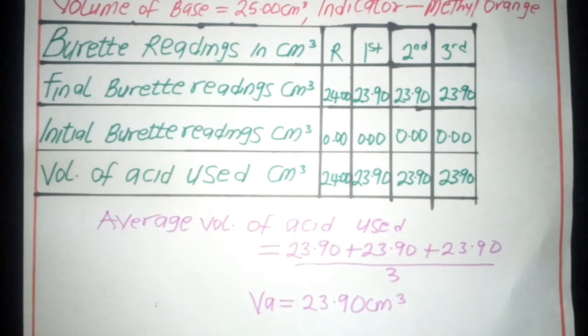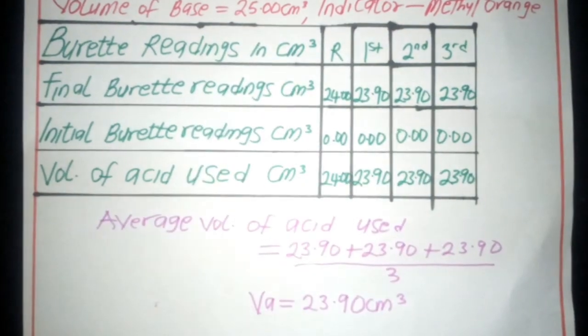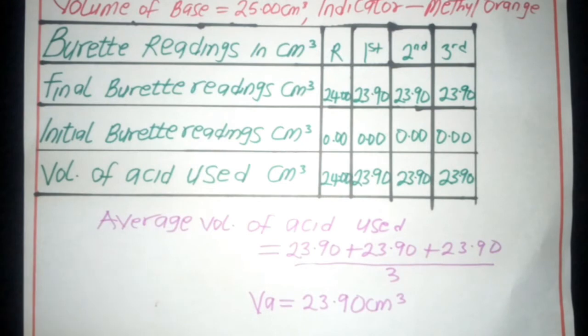This means there are 2 figures after the point. That's 2 decimal places. There are some marks for them. So it is from here you now do your calculation.